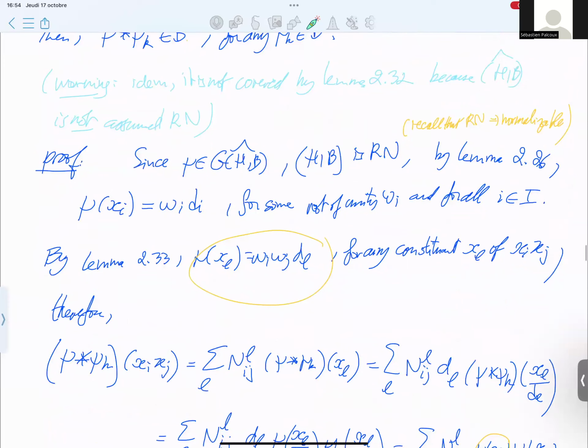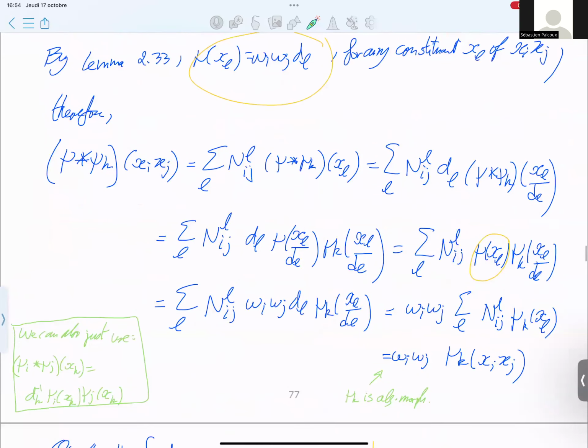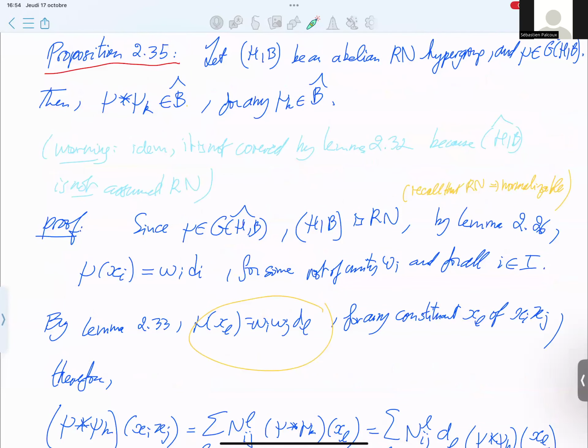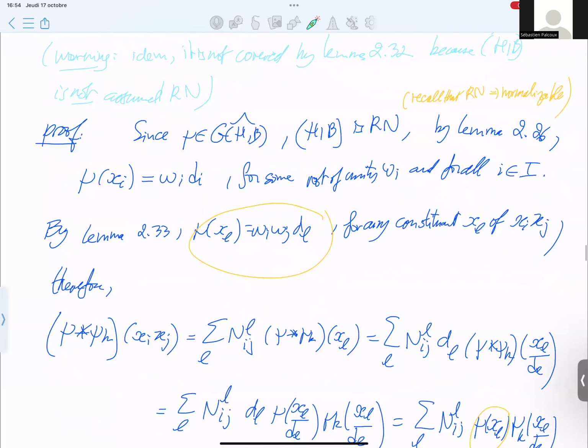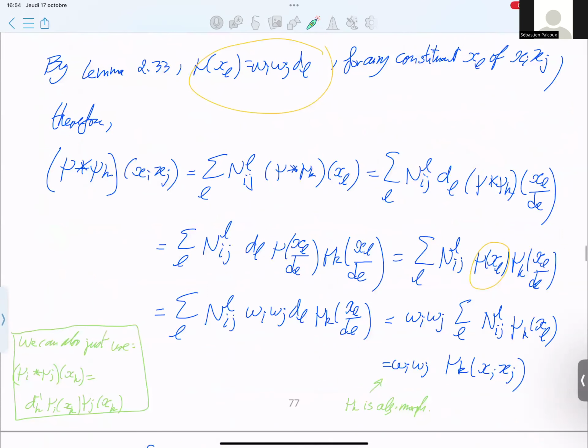So I think the proof here is all the same thing. You want to prove something. What you want to prove reduced to an equality. You compute the left-hand side in some way, you compute the right-hand side in some other way, and you realize that in fact they are the same.